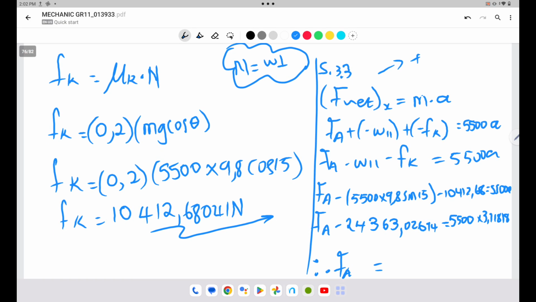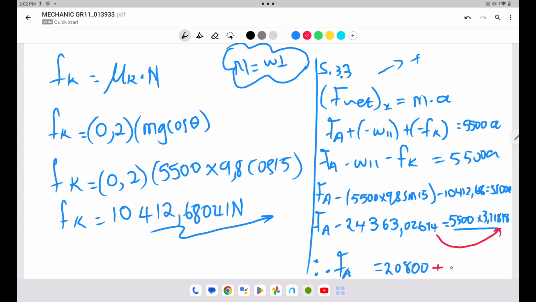Force applied will be, let me try again, 5,500 multiplied by 3,78181818. This part, if I multiply together, I get approximately 20,800, and then I'm going to transpose this to the other side.